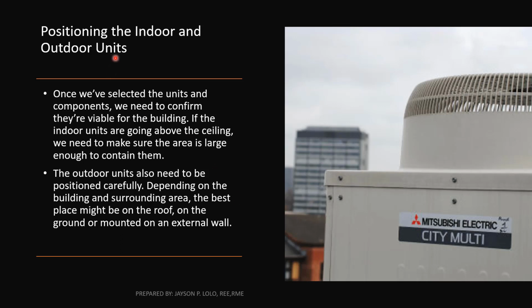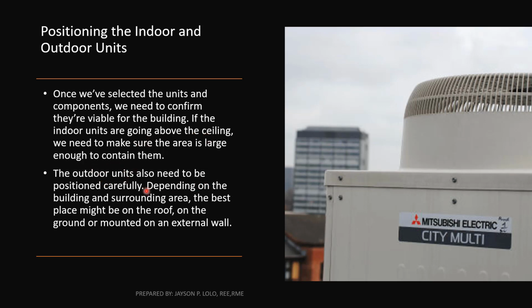Now, we need to consider also the positioning of the indoor and outdoor units. Once we've selected the units and components, we also have to take the structure of the property into account. In every building, there are places where units can and cannot be fitted, whether that is due to electric wiring, plumbing, or the materials used in the walls.